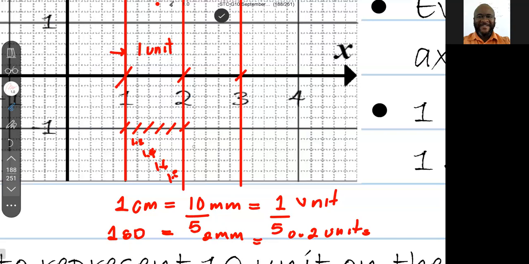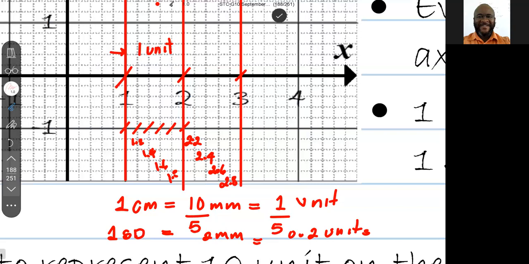Then you're going to have 2.2, 2.4, 2.6, 2.8, and then 3.